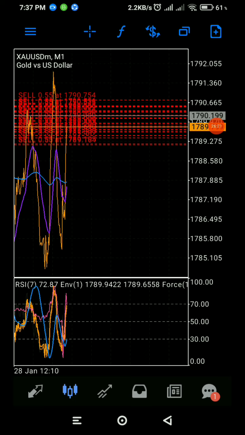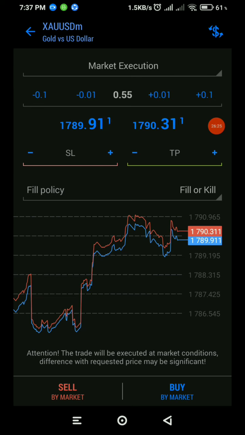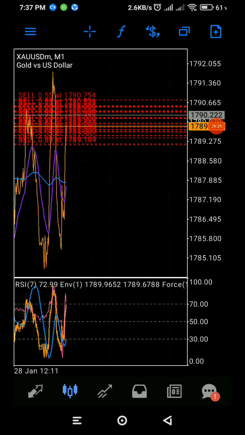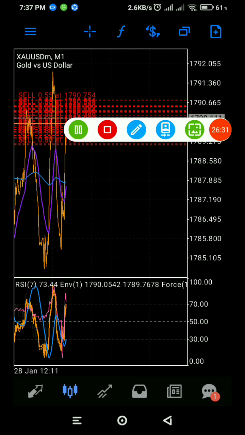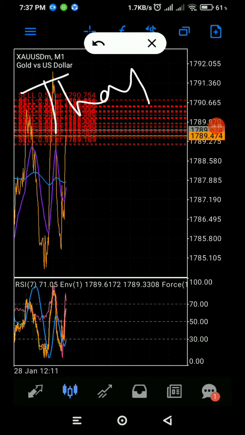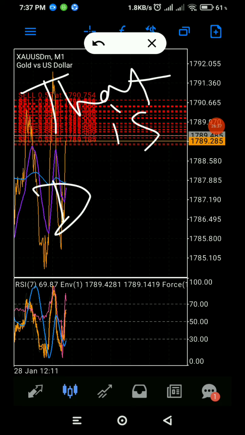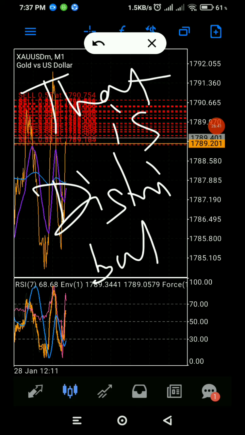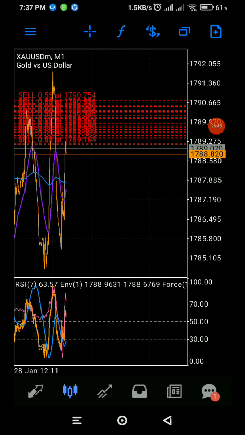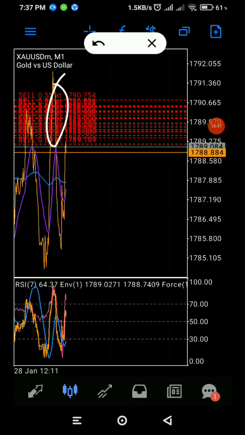So many entries taken from this price level because it is really a great area of distribution. A lot of entries taken here. I want to show you how to make 5,000. So that is the distribution area. From the distribution area, price also went down.